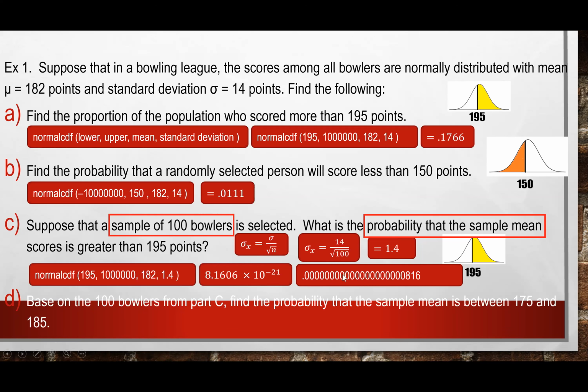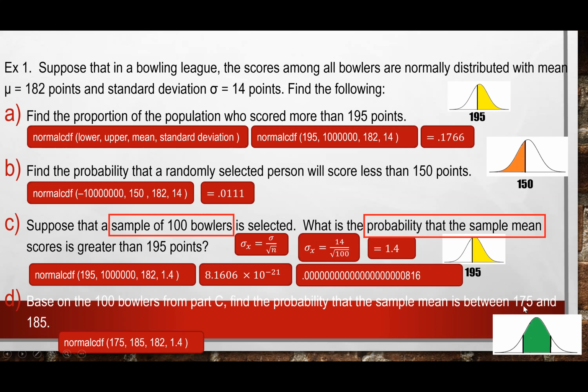Okay. With this problem, I want to show you that because we deal with the sample mean, we need to adjust that. Once we see that it's based on 100 bowlers, which is the sample mean, they ask us for the sample mean between 175 and 185, which is the middle item right here. Between is easy.